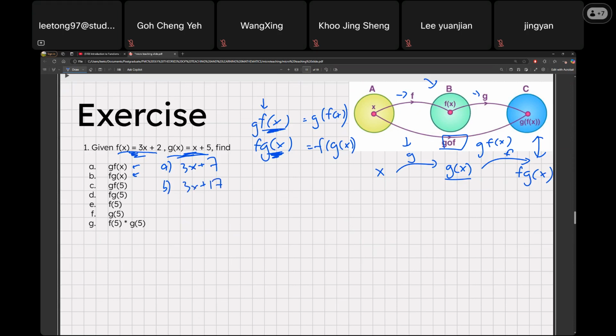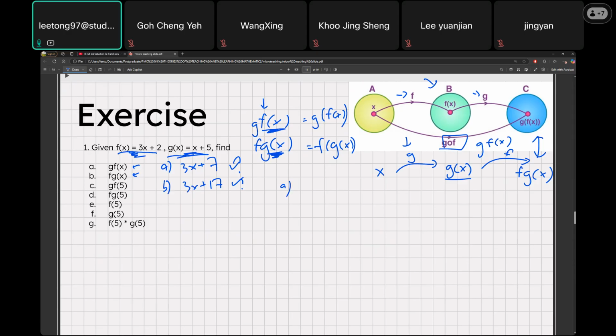Okay, are these two correct? C is 22. Yes, these two are correct.